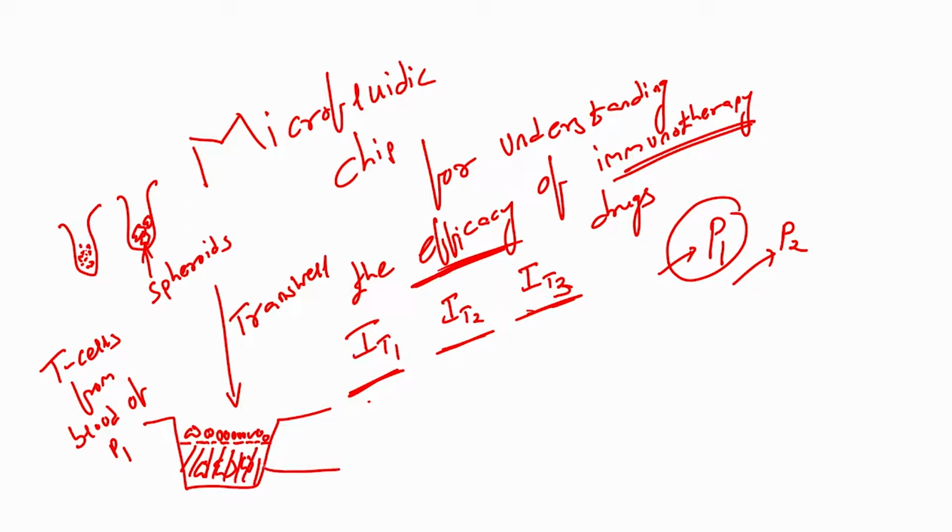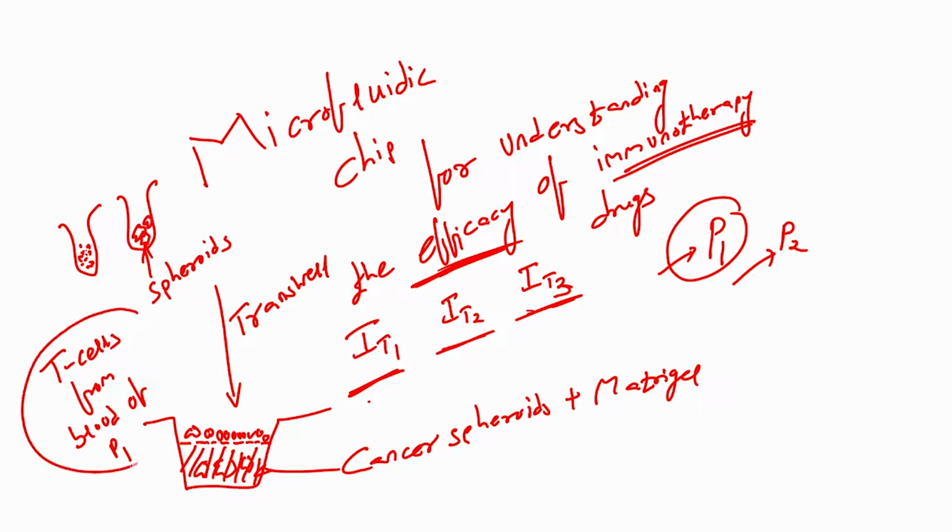So, now what we have here? We have cancer spheroids plus matrigel. Here we have T cells, right.